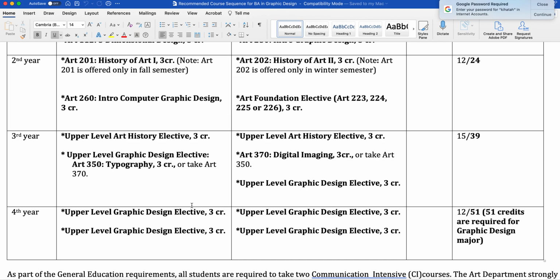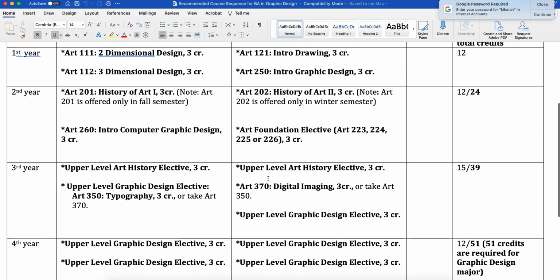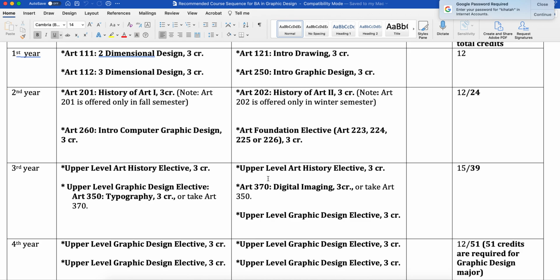If you feel pretty confident about art history, for example, it is possible to take it in fourth year; if your reading is good and writing is good, then you probably don't have to worry too much about it.